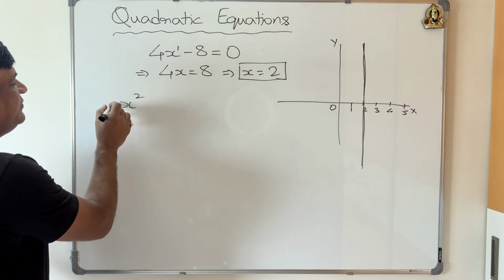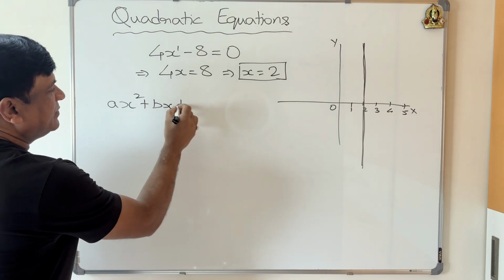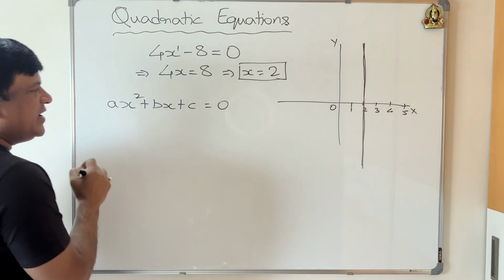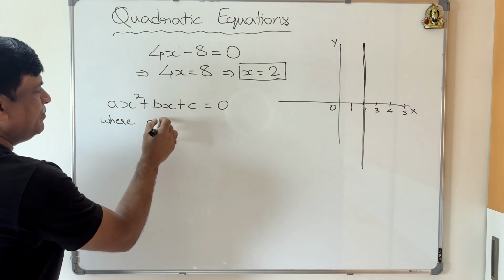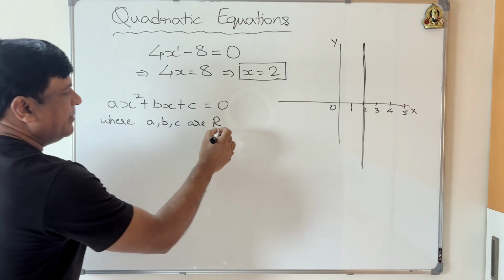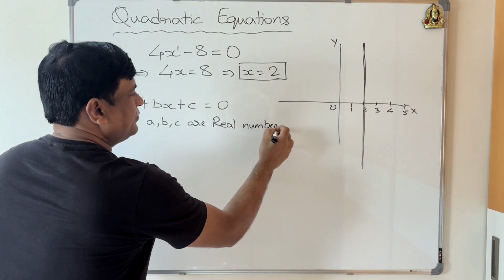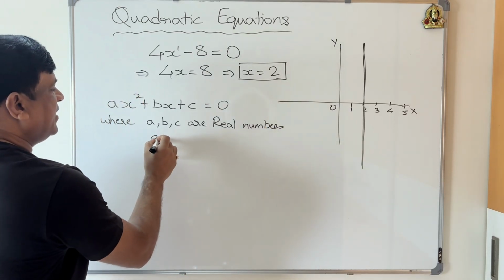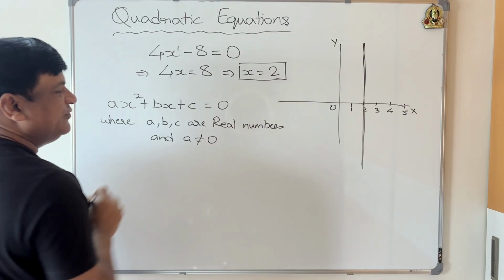So the general form of a quadratic equation is this one, where A, B, C are real numbers. Remember, they are all real numbers. And another condition is that A cannot be equal to 0.